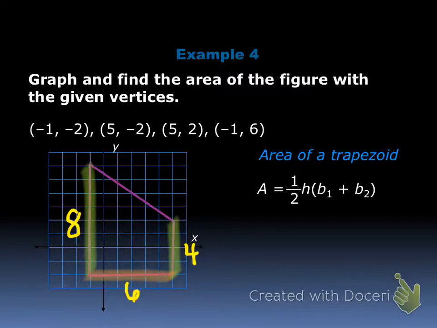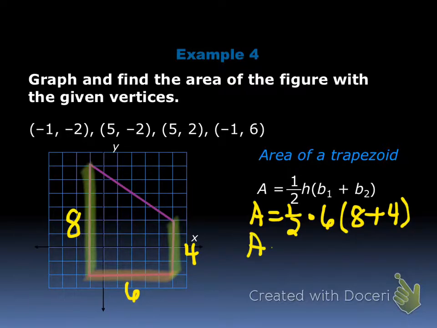So now all we have to do is fill them into this formula that we're given. We've got area is equal to 1/2 the height, which we know the height is 6, times base 1 plus base 2.